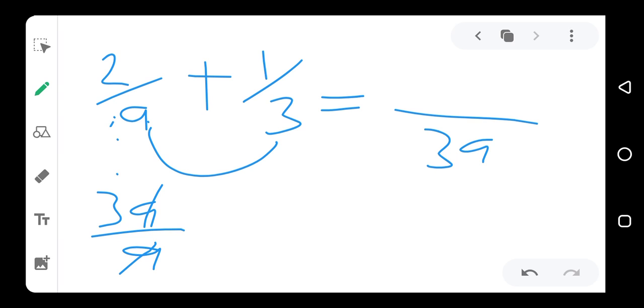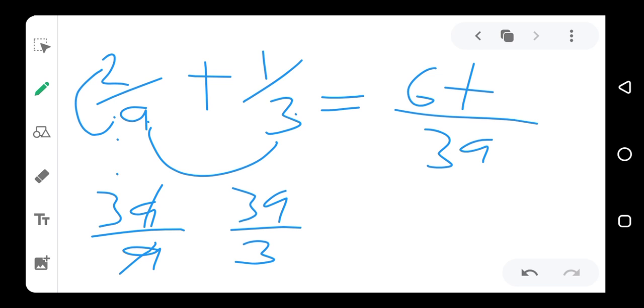So we now have 3 times 2, which is 6. Now plus. Now you come to this place, it becomes 3a divided by 3. Now this 3 will cancel 3, remaining a. So we have here a times 1, which is a.